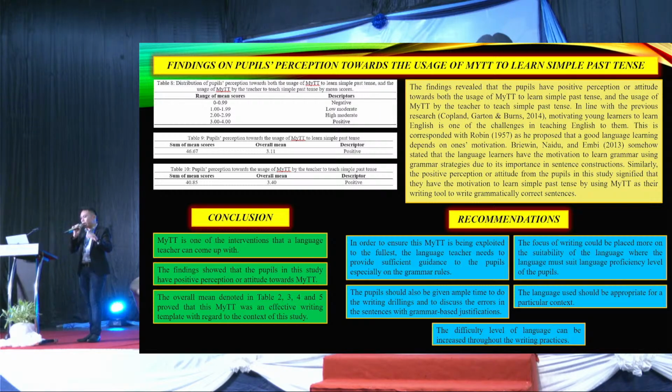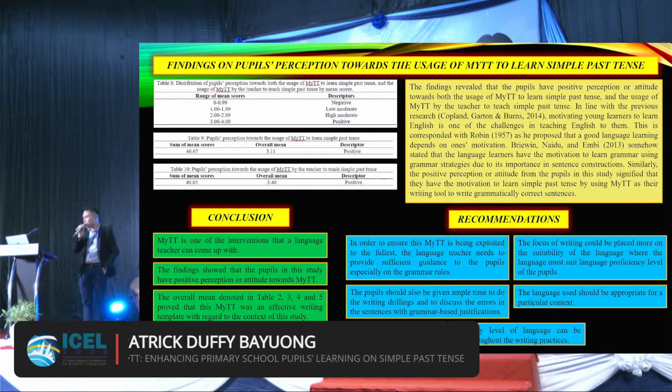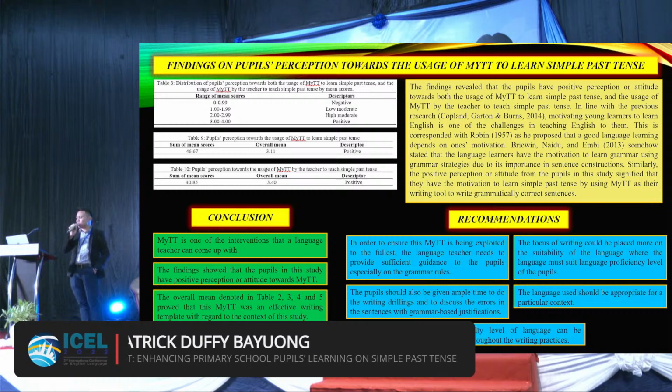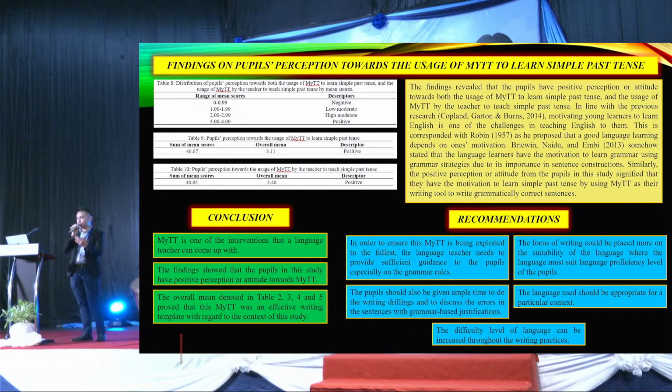So table 8, I have created there the distributions of pupil perception toward both the usage of MyTT to learn simple past tense and the usage of MyTT by the teacher to teach simple past tense. We have the range of mean score there, 0 to 0.99, which the descriptor shows negative, 1 to 1.99, low moderate, 2 to 2.99, high moderate, and 3 to 4.00 is positive.